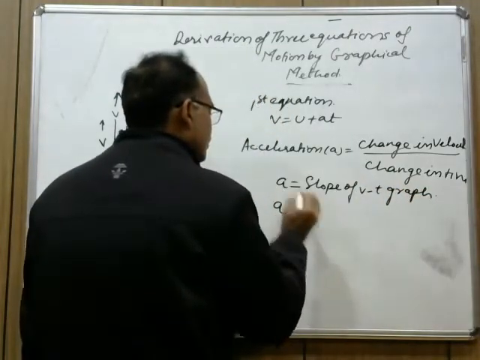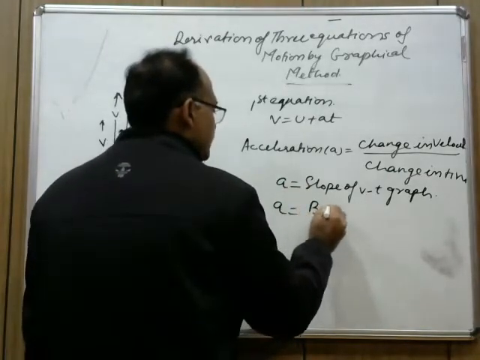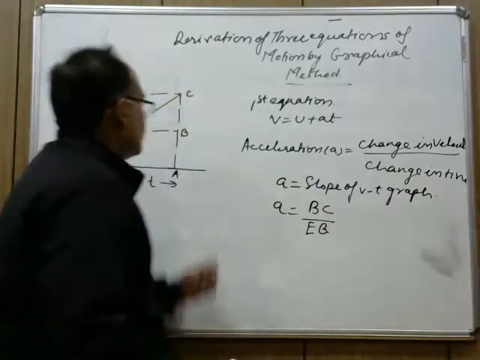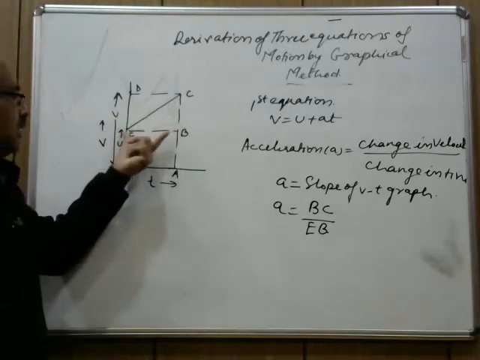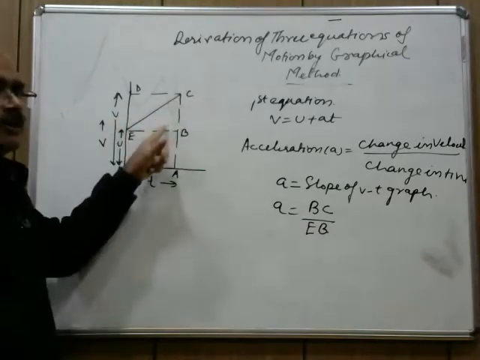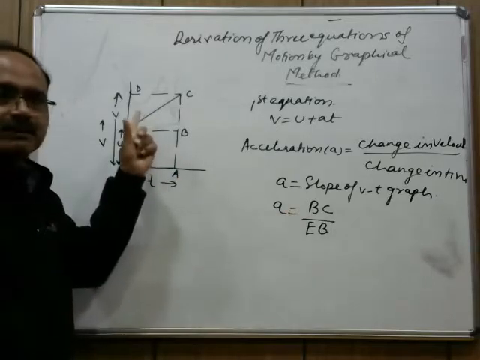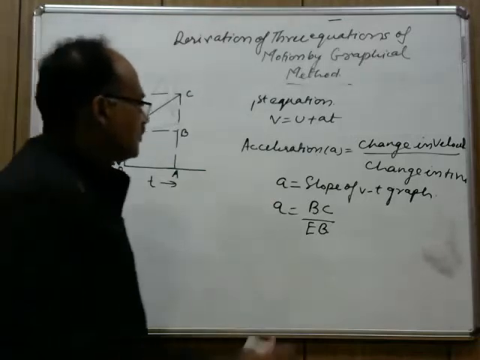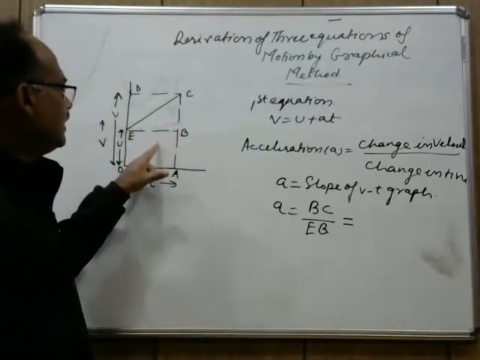So a is equal to, what is the slope of the VT graph? BC upon EB, means perpendicular upon base. BC upon EB, that is perpendicular upon base, is the slope, and the slope of the velocity time graph gives the acceleration.